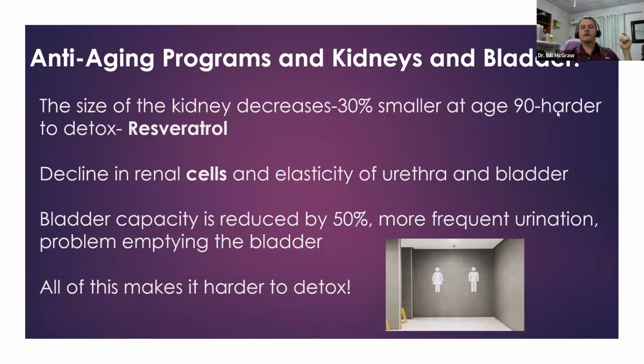Okay, so there's also a decline in renal cell and elasticity of urethra and bladder. So this is one of the problems I have with some of my clients. They complain of problems with having to go to the bathroom all the time and bladder capacity reduced. Well, bladder capacity is reduced by 50% as you age, so more frequent urination is necessary. And it becomes a real hassle to be constantly having to be near a bathroom.